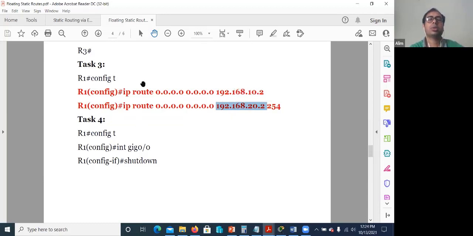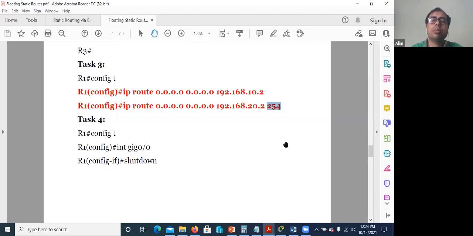So we can put two default routes towards two ISPs, but there is some difference. One has an administrative distance, which is known as AD.